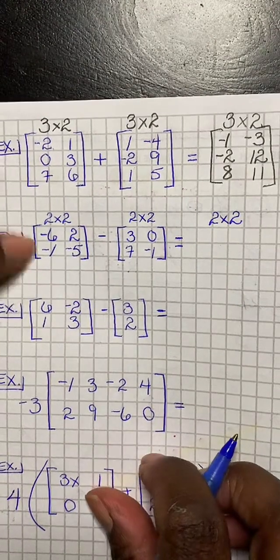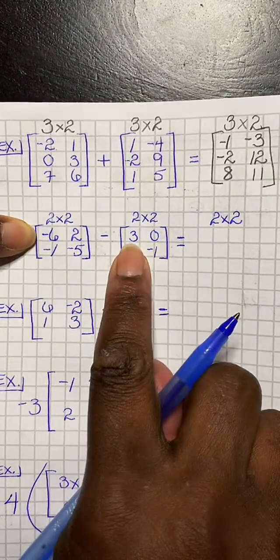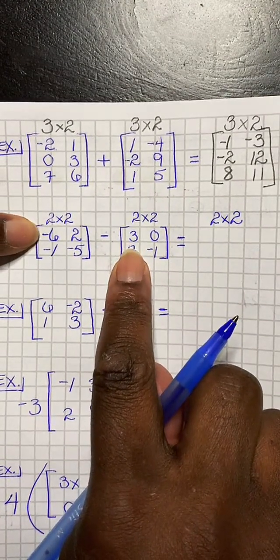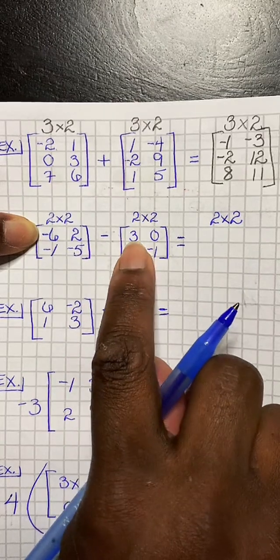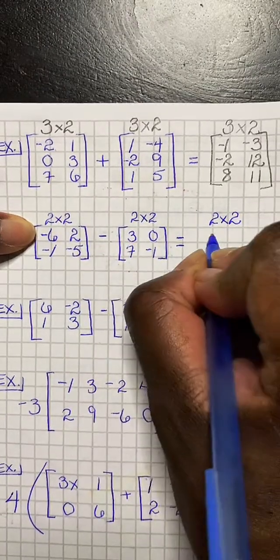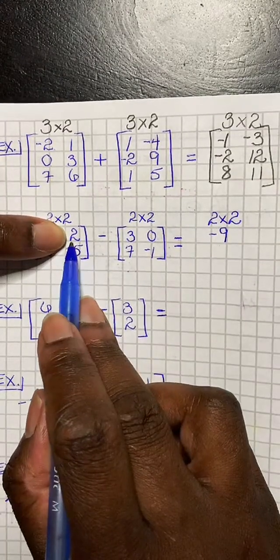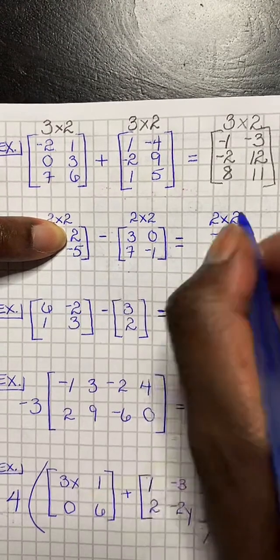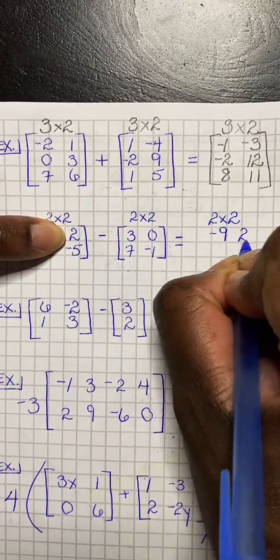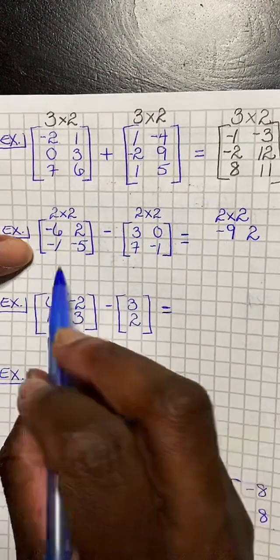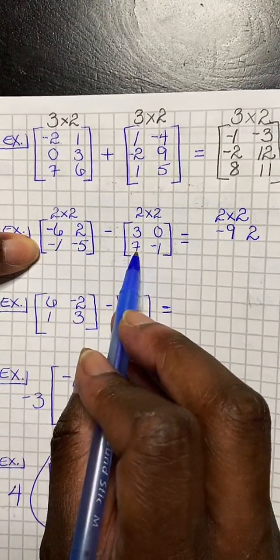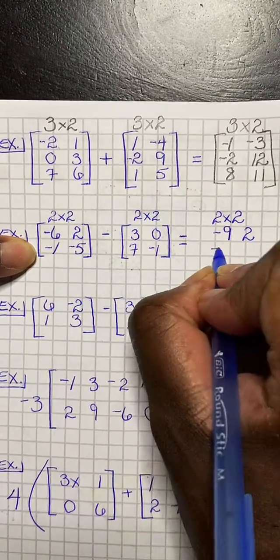All right. Always start with the first row, first column. So we have -6 minus 3. That gives me a -9. Now we have 2 minus 0. That will give me a 2. -1 minus 7. That will give me a -8.